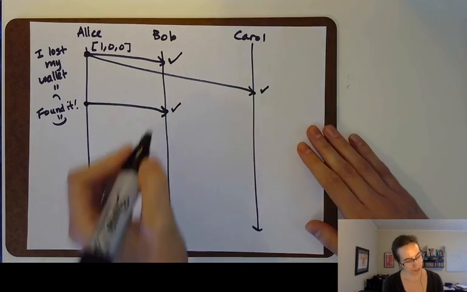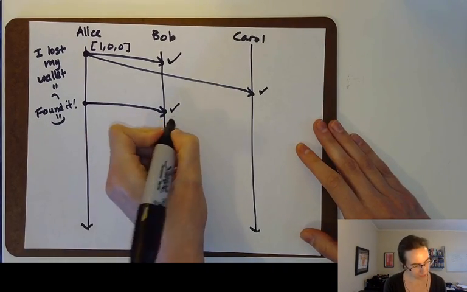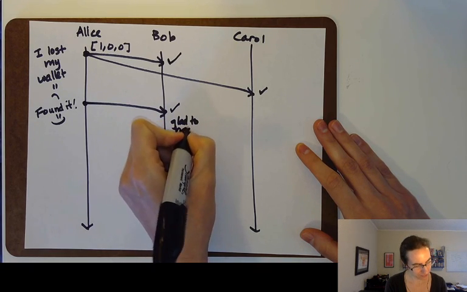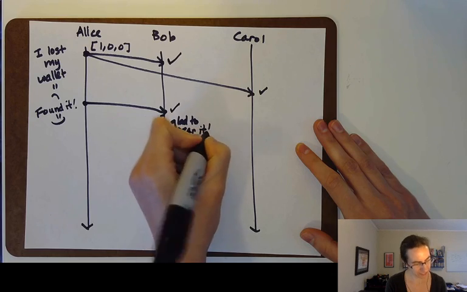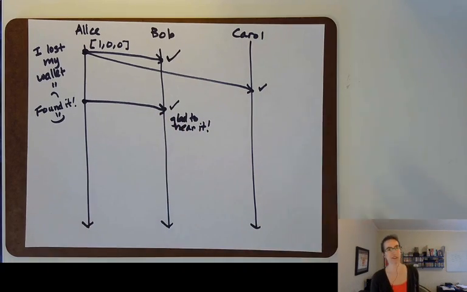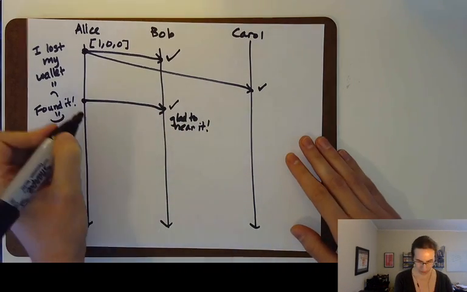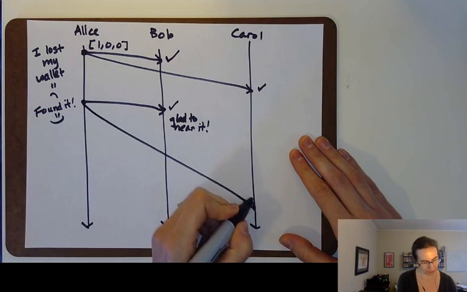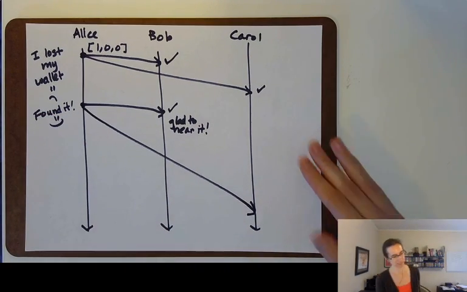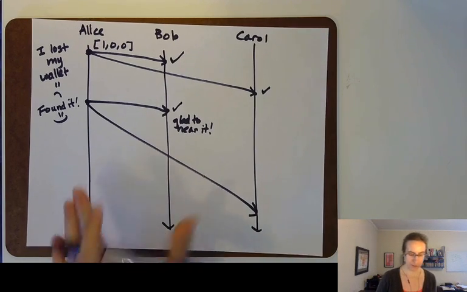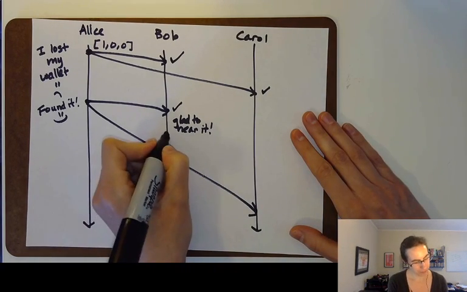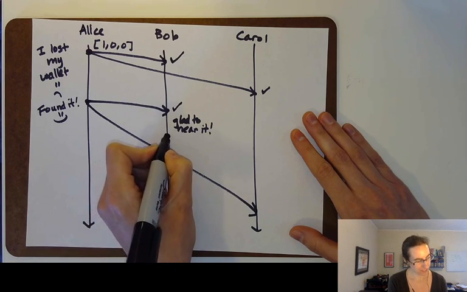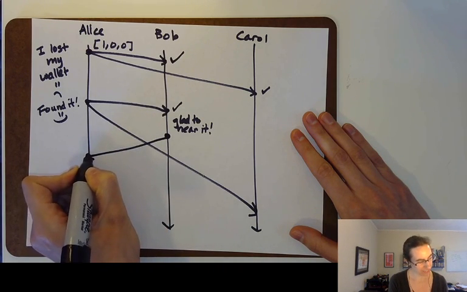Bob sends a response. Glad to hear it. Maybe you see where this is going. Oh yeah, this should have been broadcast. It is broadcast, but we're going to say that this one takes a little bit longer. So maybe now you really see where this is going. Bob says, glad to hear it, and sends that to Alice.